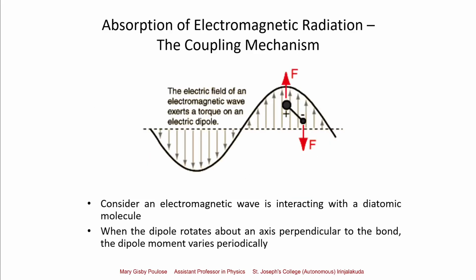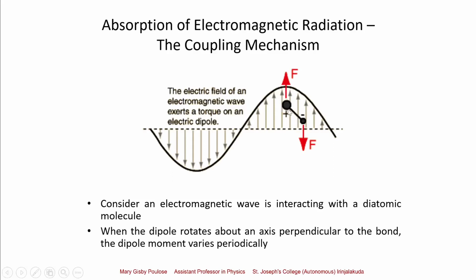Now let us understand the coupling mechanism that produces the rotational spectra in diatomic molecules. So assume an EM wave is interacting with a diatomic molecule. Now when this EM wave is interacting with a diatomic molecule, it exerts a force, a torque, a rotational force on this dipole, and this causes the molecule to rotate.